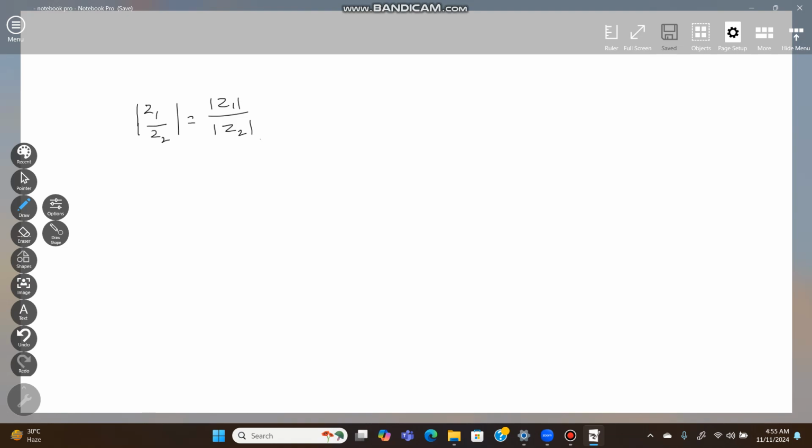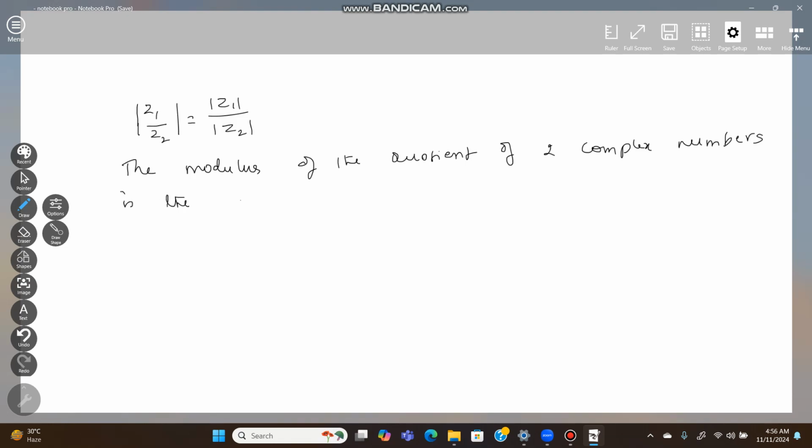And this also I am going to write in words, that is, the modulus of the quotient of two complex numbers is the quotient of their moduli. Moduli is the plural for modulus.